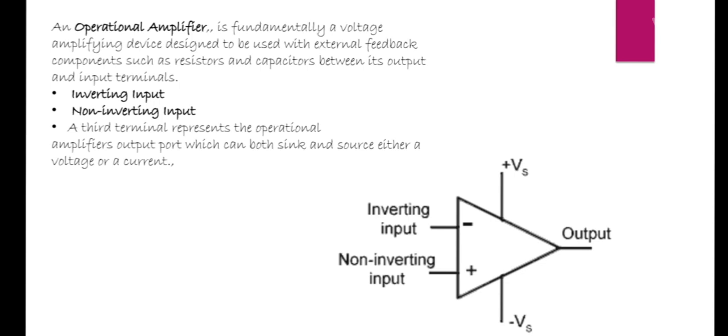A third terminal represents the operational amplifier's output port, which can both sink and source either a voltage or a current. In a linear operational amplifier, the output signal is the amplification factor known as amplifier gain A multiplied by the value of the input signal, depending on the nature of these input and output signals.